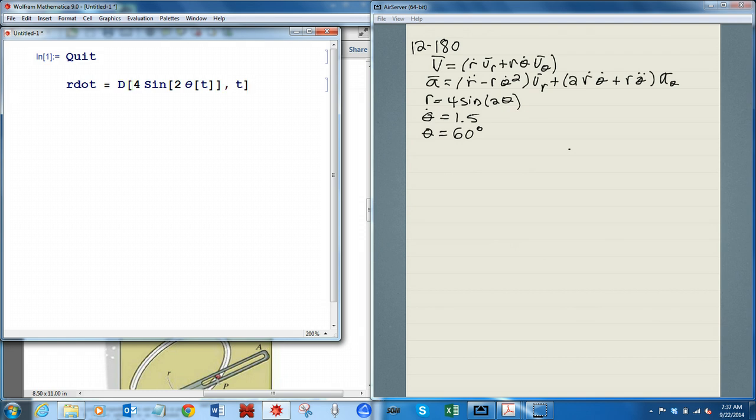Okay, y'all get the derivative? Okay. There's what I've got. Is that what you have? 8 cosine 2 theta, theta dot.